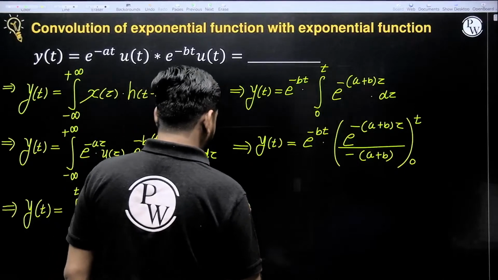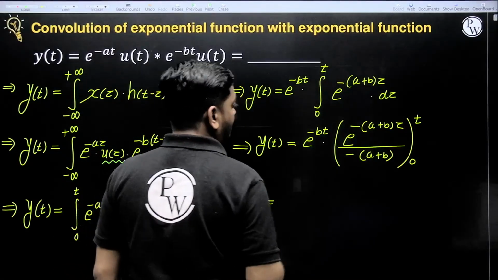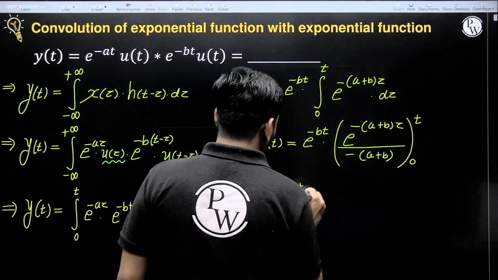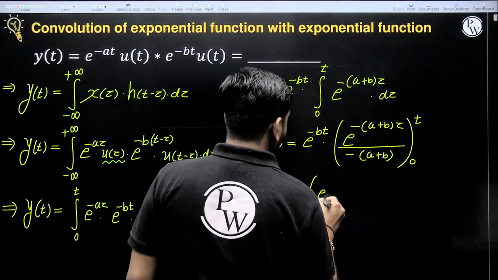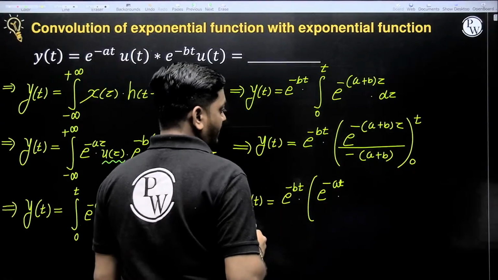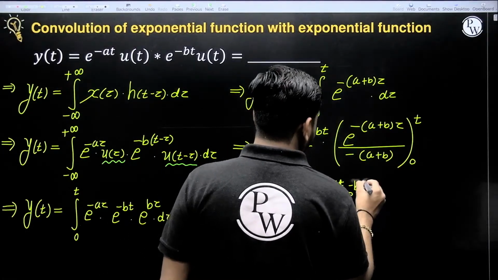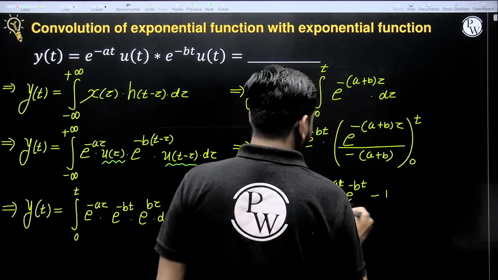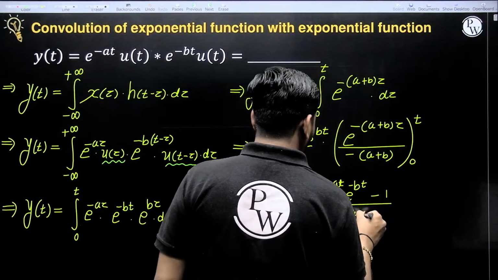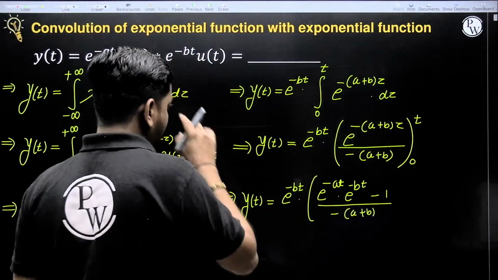So y of t is e to the power minus bt, here e to the power minus (a minus b) t, and this is 0, upon minus (a minus b), correct?